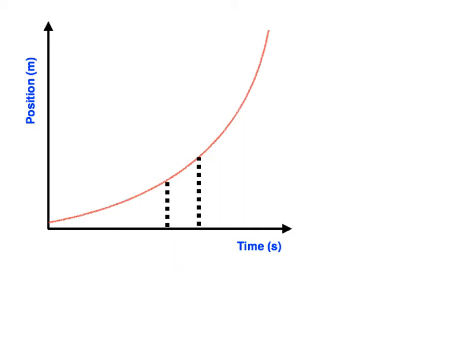Okay, I'm going to shrink it a little bit more. This is now our time interval. And the average velocity, again, is going to be given by the slope between these 2 points, the point on the left of our interval and the right of our interval. And at this point, I think you're going to see where I'm going with this.